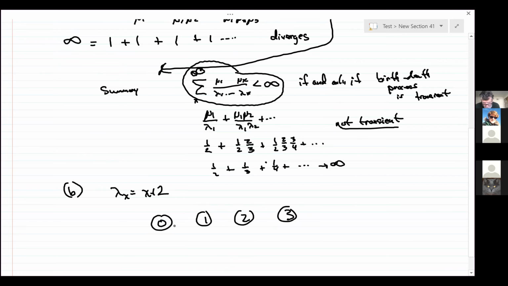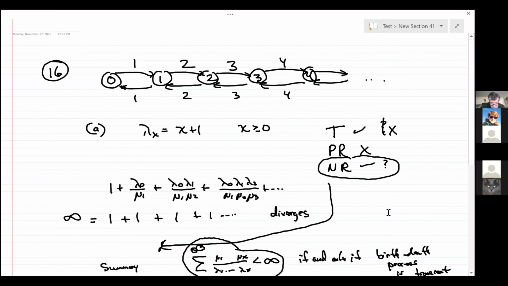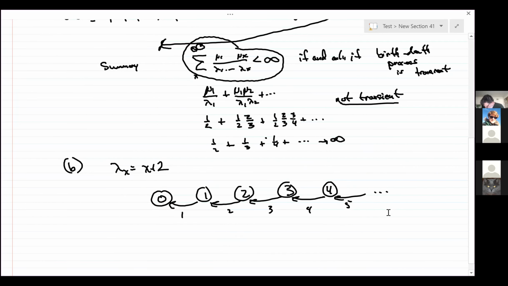And these are like what? 1, and 2, and 3, and 4, 5, and so forth. And that's because of what they gave us to begin with. But now the birth rates are lambda x, and the x is x plus 2 this time instead of x plus 1.